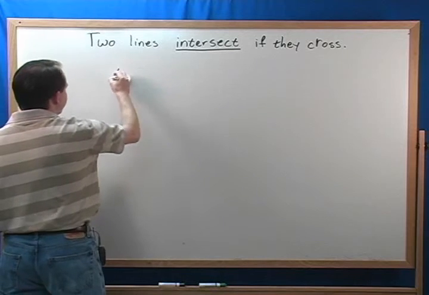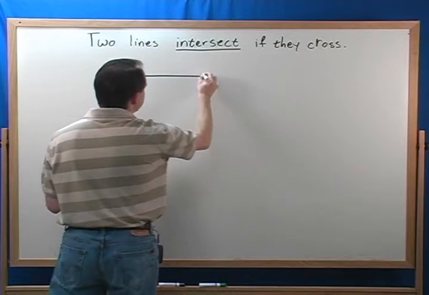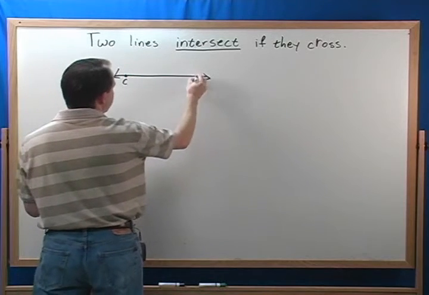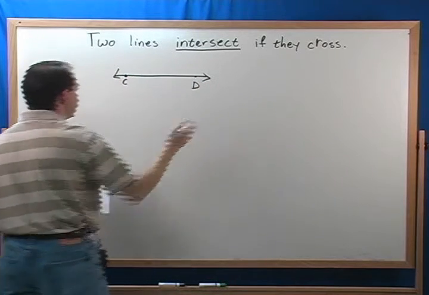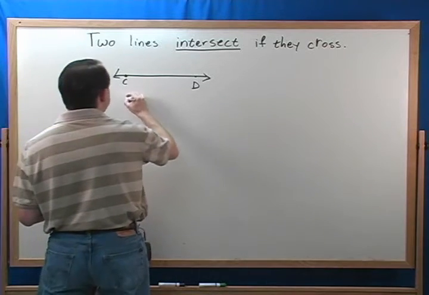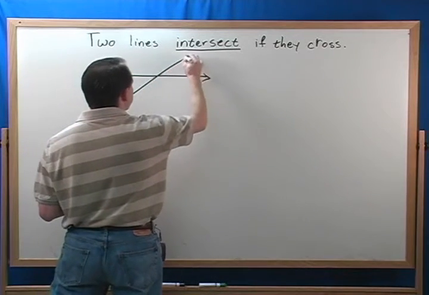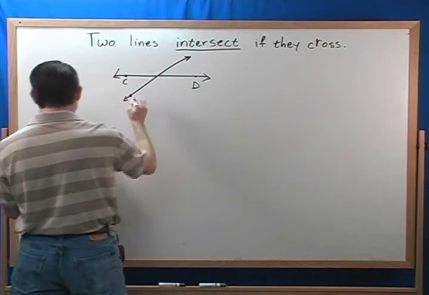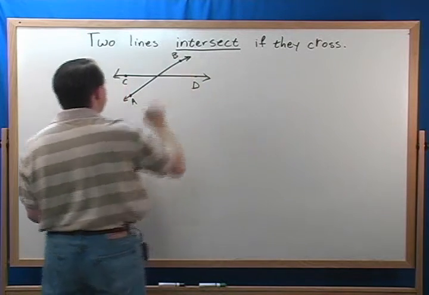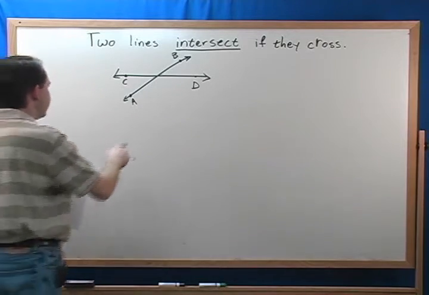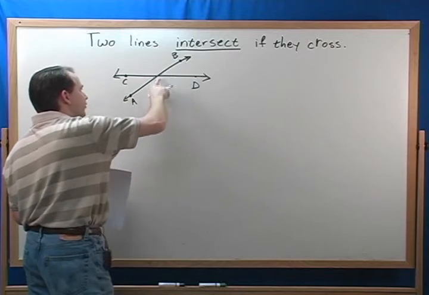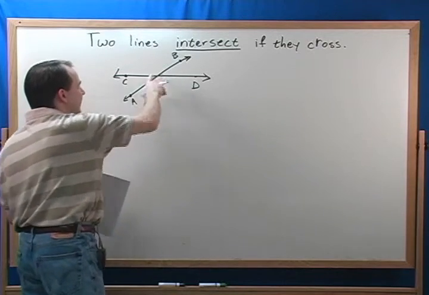So what we're going to do is just draw a little example. Here's a line. This line goes through point C, and this line goes through point D. This is some line, right? And we have another line that goes up like this, and this line goes through point A, and this line goes through point B. But you can see right away that this line CD and this line AB actually cross each other right here at this point, and we call that the intersection point.